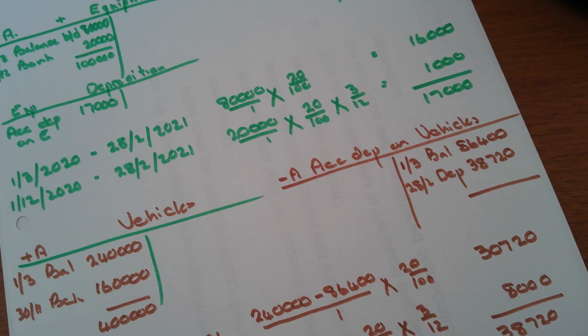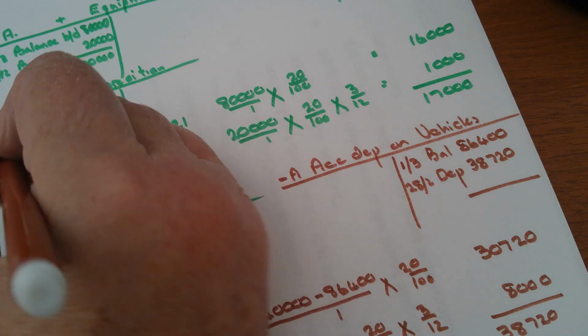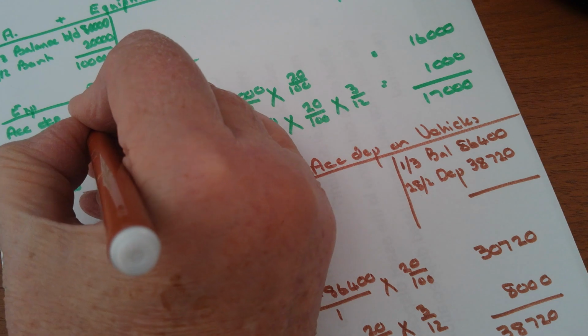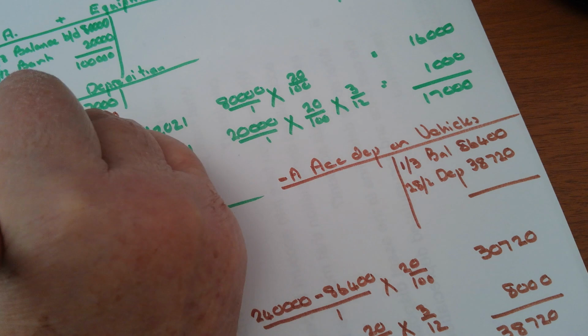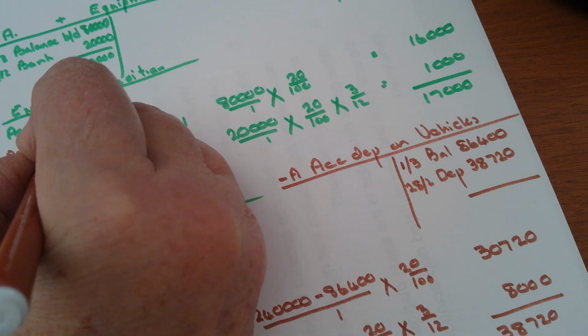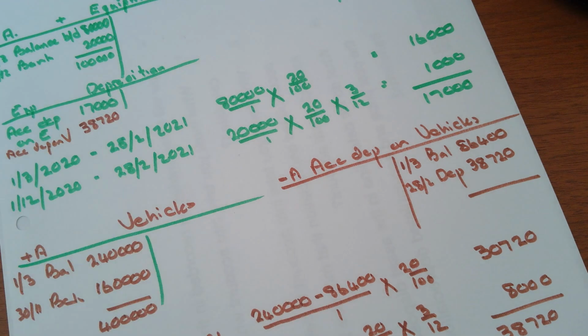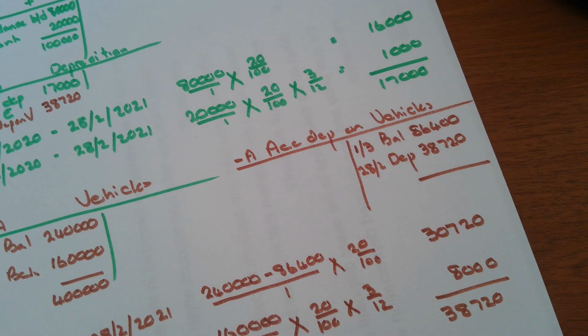There's only one expense. Okay, so I will debit this depreciation account with 38,720 and indicate that the account that I will credit will be accumulated depreciation on vehicles.